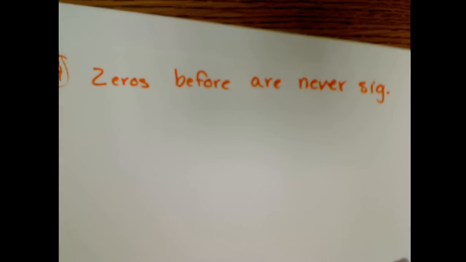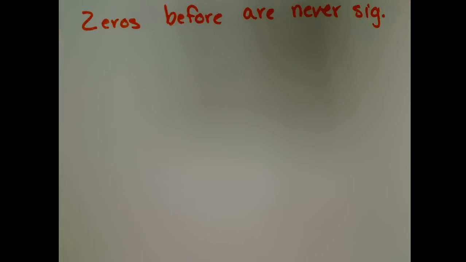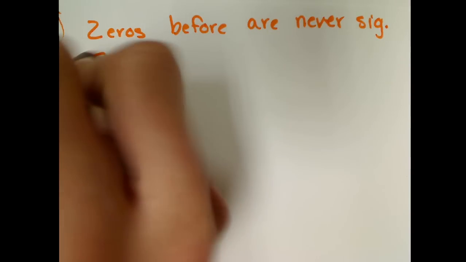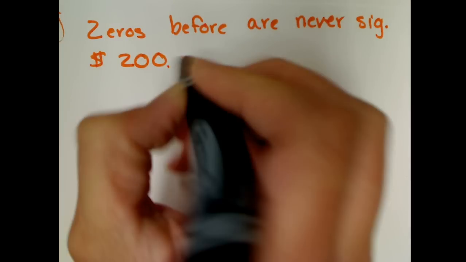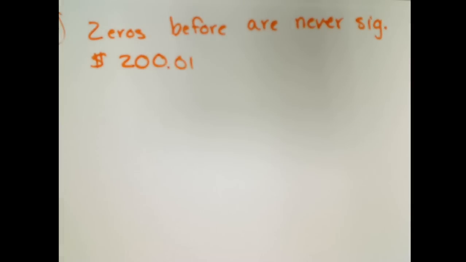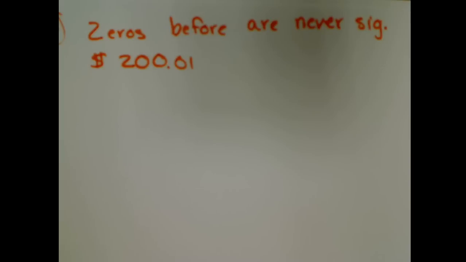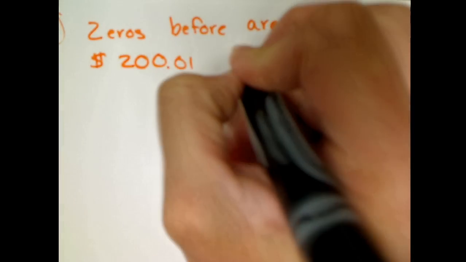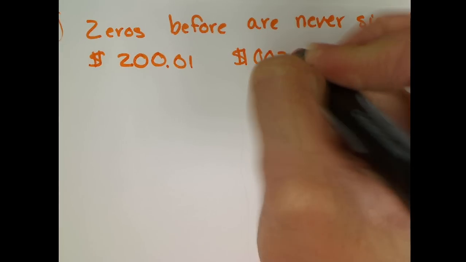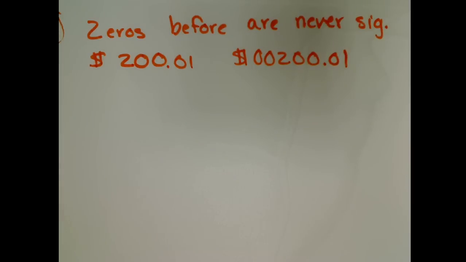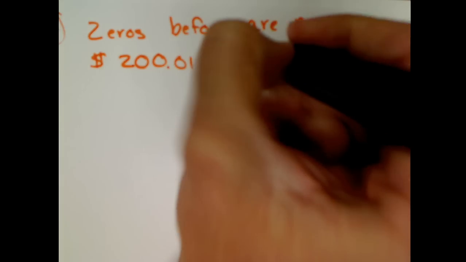Now, why is that important? Well, let's take your paycheck. Let's say that you have a $200 paycheck, and we'll say 200.10. That's your paycheck. If I write it with zeros in front, it looks kind of better, but it's the same amount of money. So zeros in front are never significant.